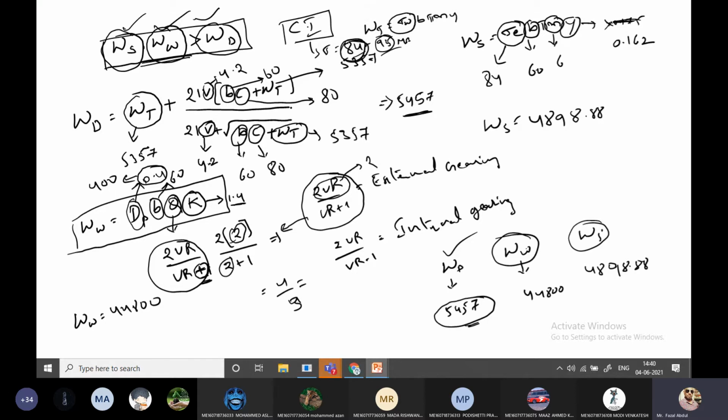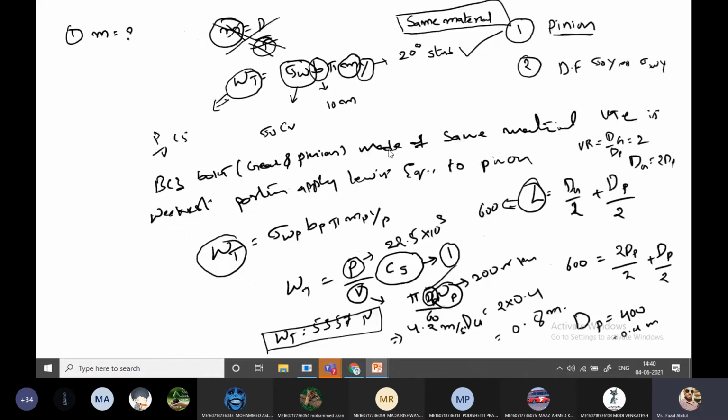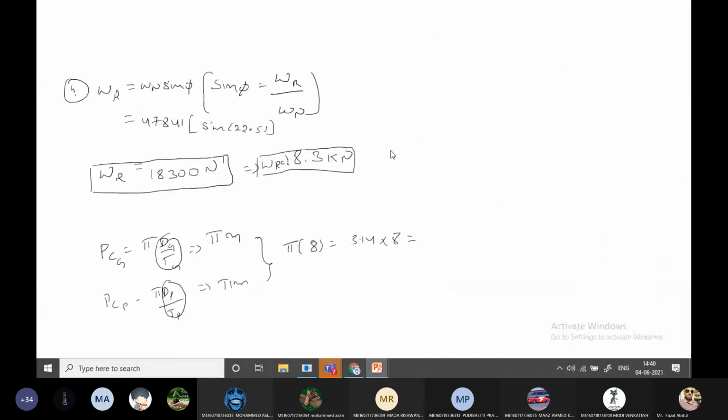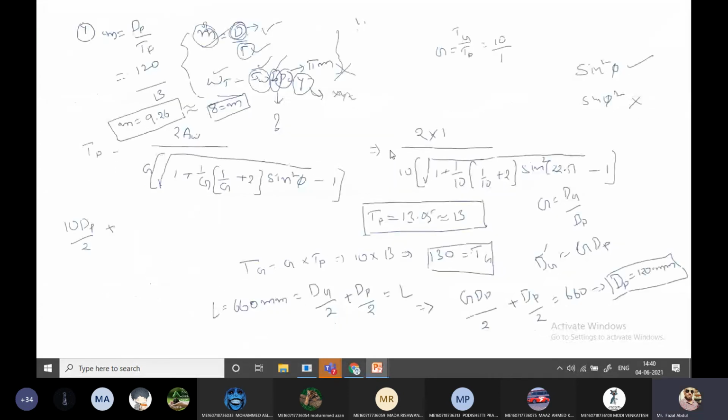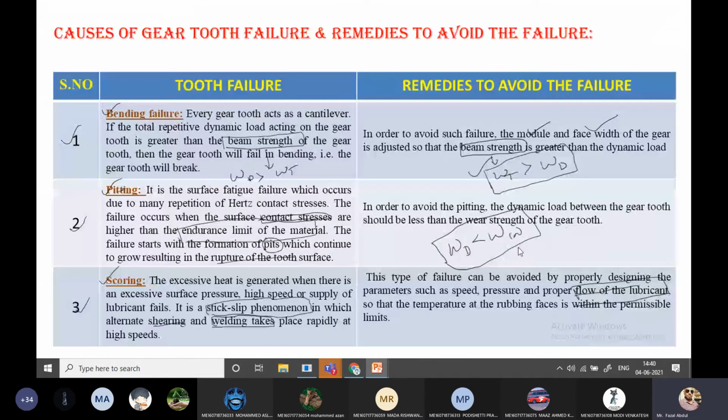If we see the failure modes of the gear teeth, the dynamic load WD should be less than the wear load.